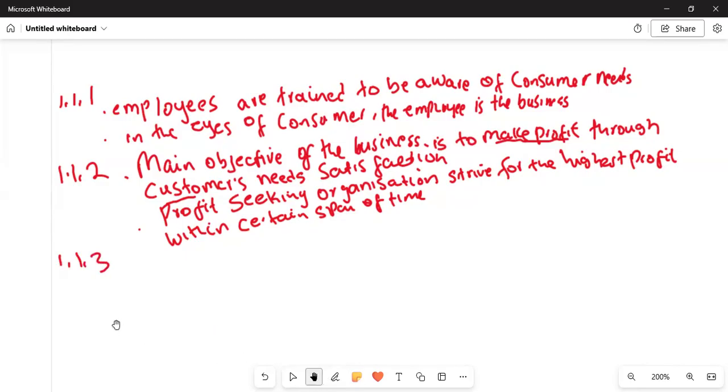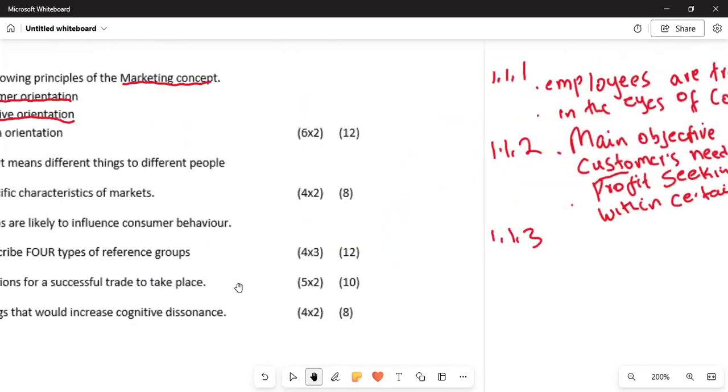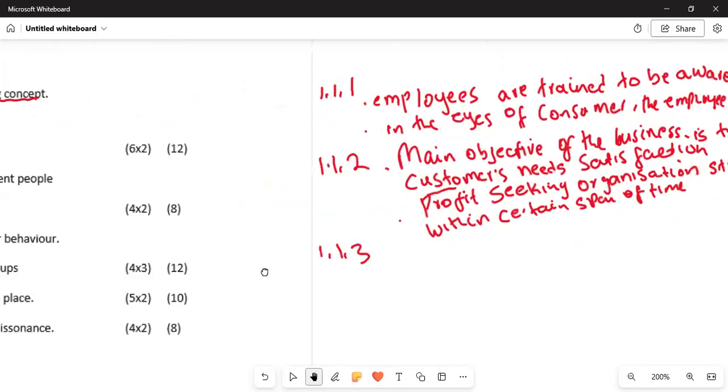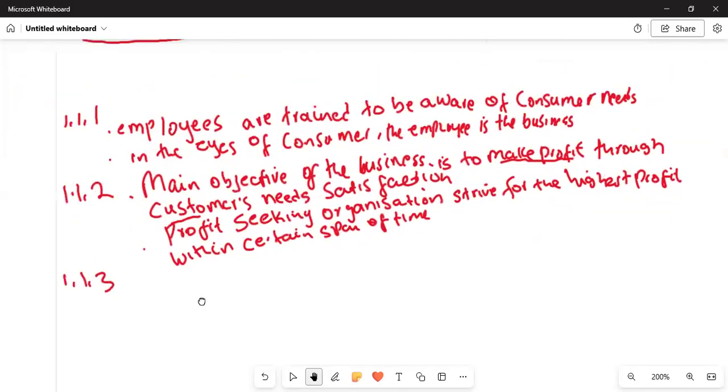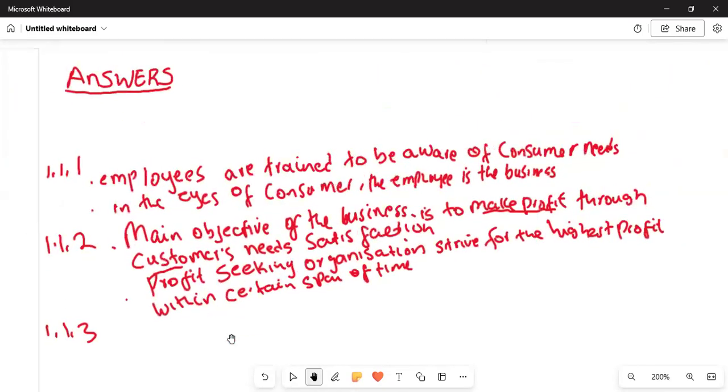1.1.3 now talks about system orientation.